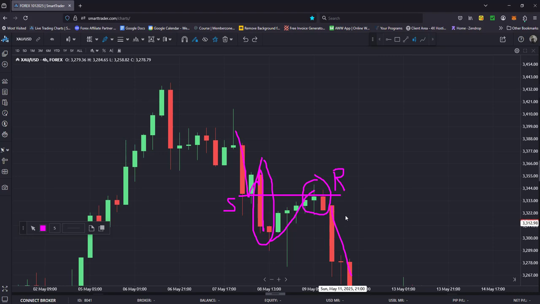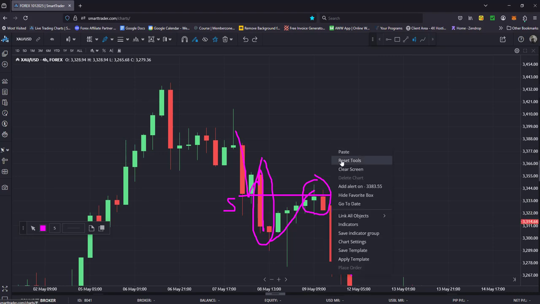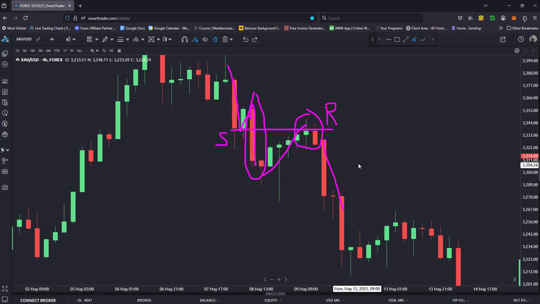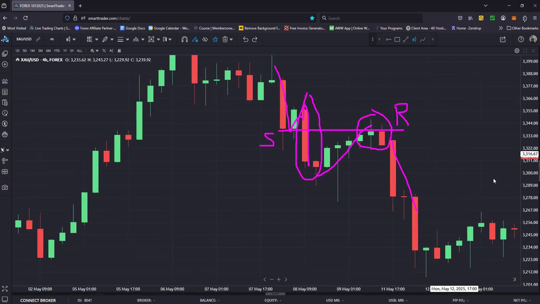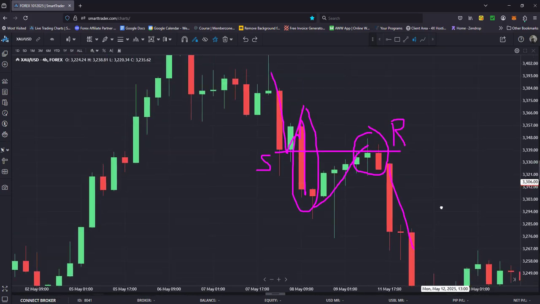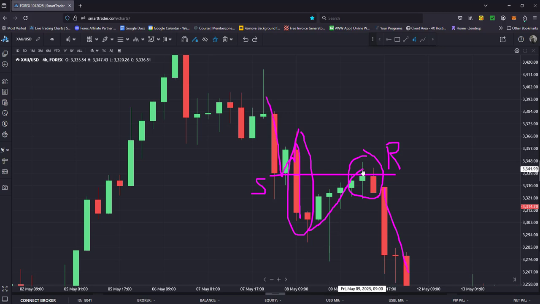So in terms of confirmation, remember the first things that we would have done at these areas here. This is now where you look for your candlestick formations. So we have a nice bullish engulfing, a strong bullish candle here.